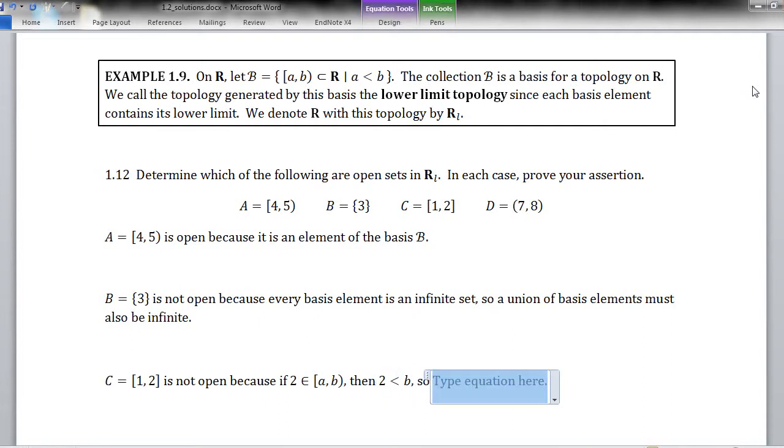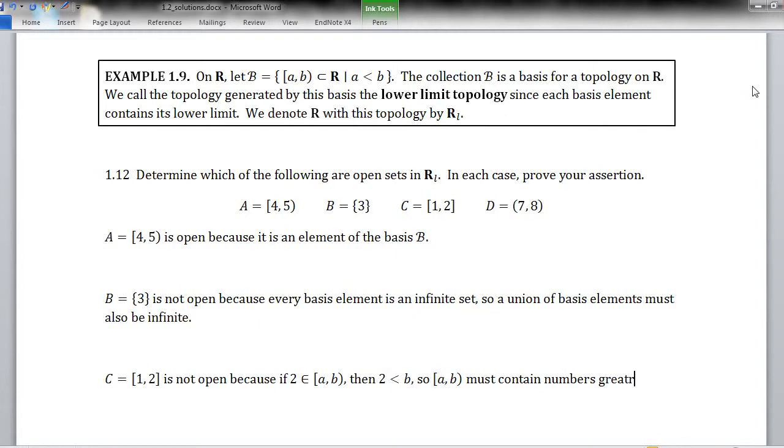And so this basis element from a to b must also contain numbers greater than 2, right? For example, the average of 2 and b.